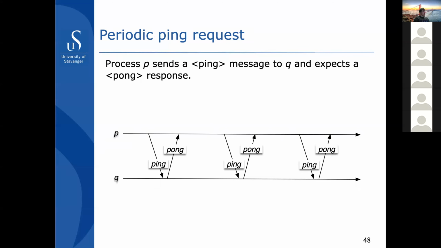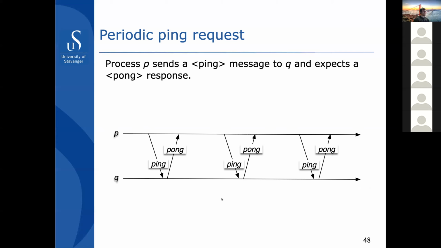Yeah, so there's two main introductory ways that you could imagine a failure detector, and here we have a very simple failure detector, meaning that the process P is sending a ping request or message to the process Q, and the process Q is sending a pong back.